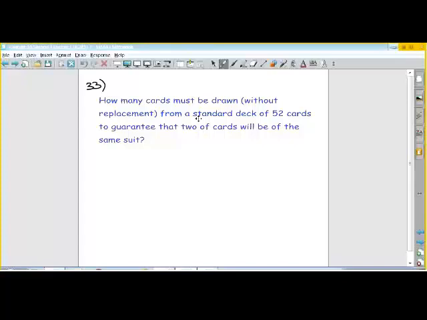So this is in here just to show you that don't always revert to using a formula. Sometimes you get to the point where you're like, there's got to be a formula I got to use, and so does the formula apply here or not? And you can see it says guarantee 2 cards. You might say, okay, 52 things taken 2 at a time, but that's not what the question is. You have to kind of think about it.